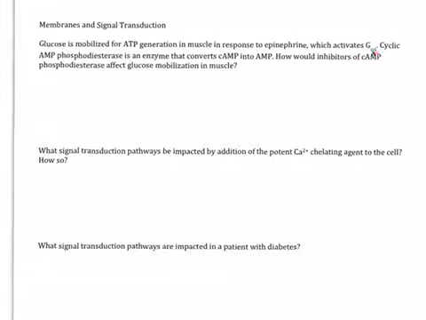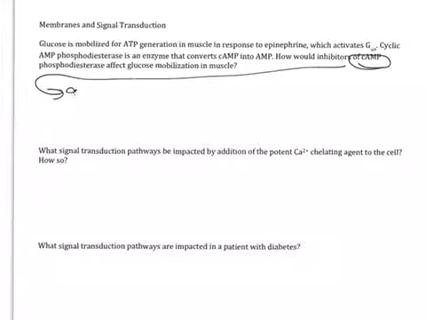Well, cyclic AMP, we know, hopefully you know this, activates cyclic AMP-dependent protein kinase, or protein kinase A. All right, and then protein kinase A begins to phosphorylate several proteins, some of which lead to the activation of glucose transporters, which will allow glucose to enter the cell.